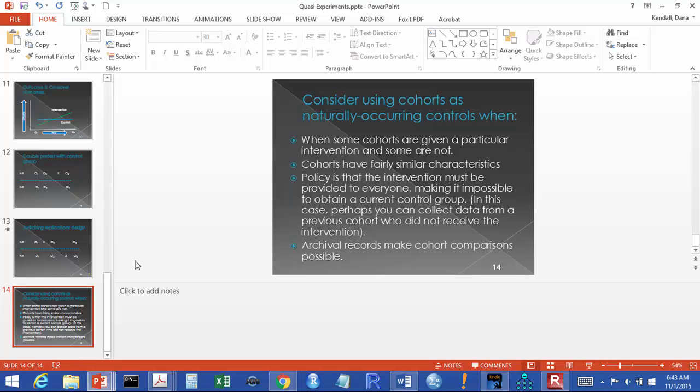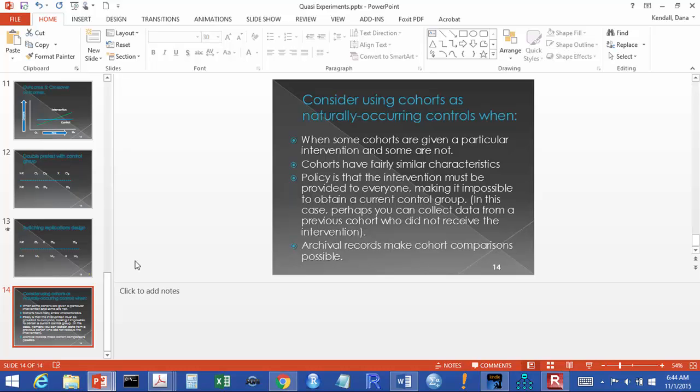They're not perfect, obviously, because cohorts can differ, but if this is available to you, take advantage of it in the org. It's what I'm doing with my research in hacking, as I'm doing cohort analysis across different years. So when some cohorts are given a particular intervention and some are not, you can definitely use this technique.